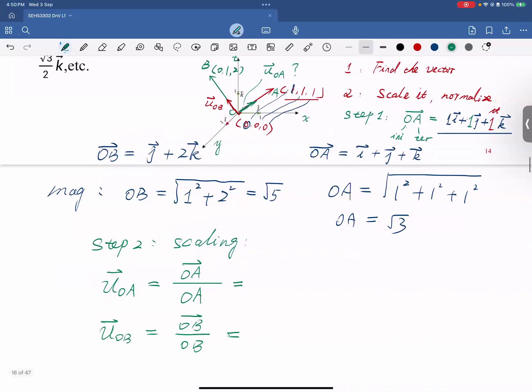So to normalize, we just copy. OA is I plus J plus K over the magnitude of OA, which is root 3.